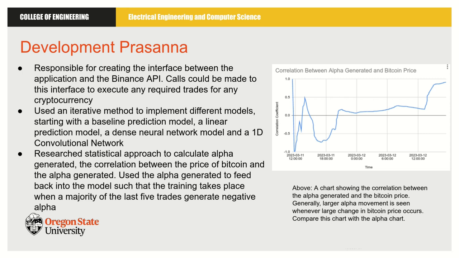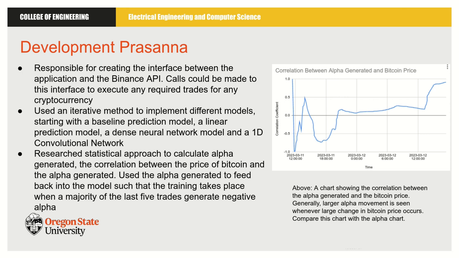I used an iterative method in order to implement different models used for the training. I started with a baseline prediction model. Then I went on to a linear prediction model, a dense neural network model, and then finally a 1D convolutional network. I also researched the statistical approaches to calculate the alpha generated and the correlation between the price of Bitcoin and the alpha generated.